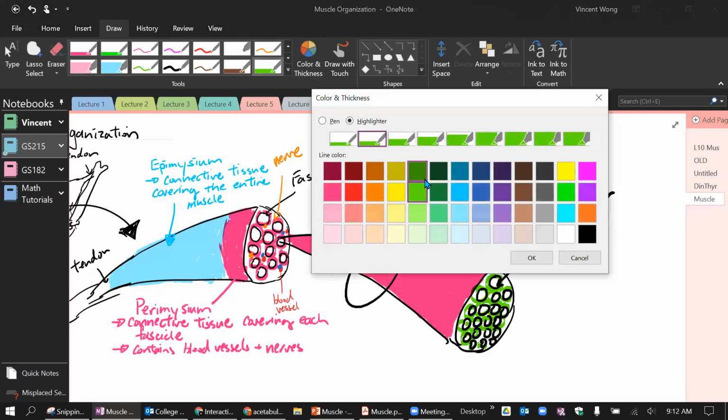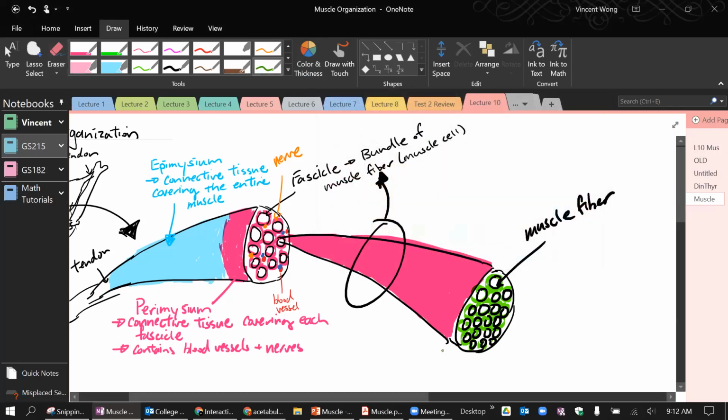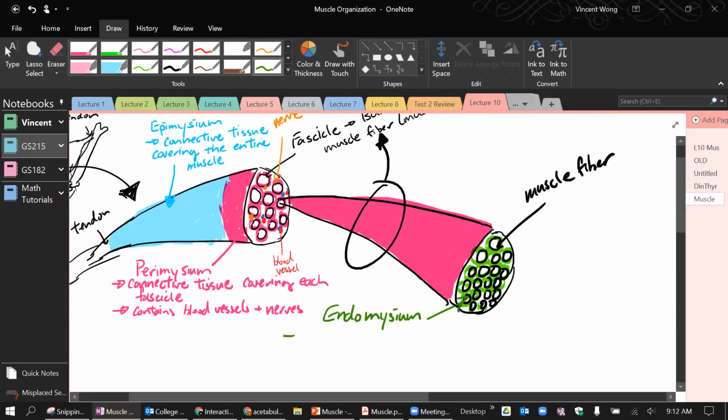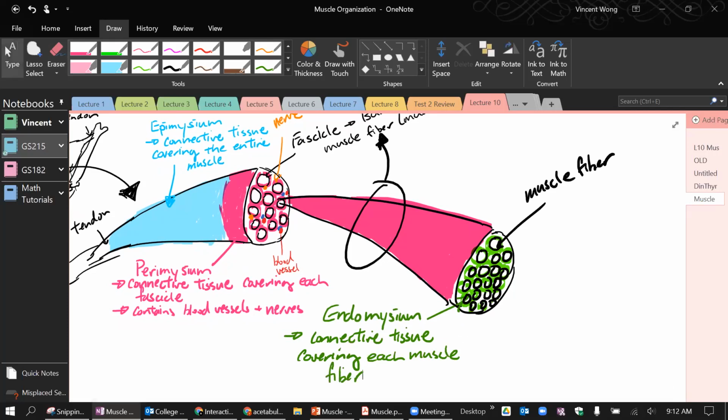That is going to be the endomysium, which is connective tissue covering each muscle fiber.